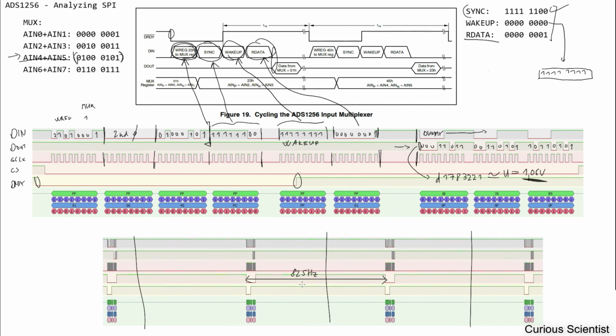If you check the data sheet and one of the tables, in this case table 14, you can see that if you have set up 1000 Hertz as data rate, which I did, the cycling throughput should be 837 Hertz. So this is quite close, and we can accept that our timing is more or less good.